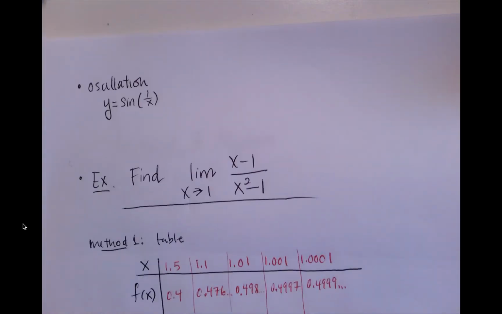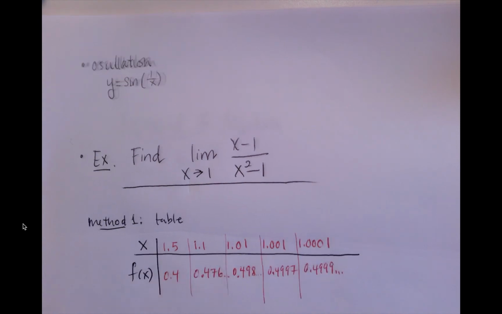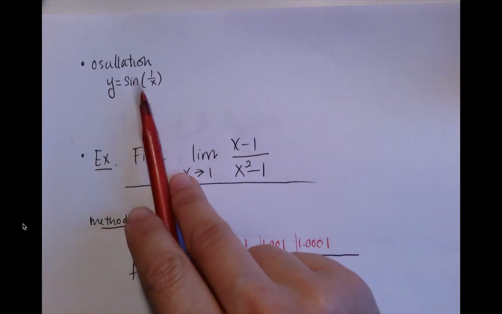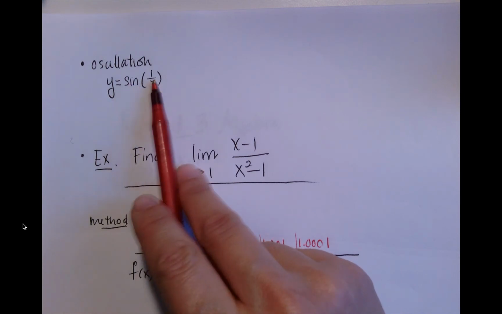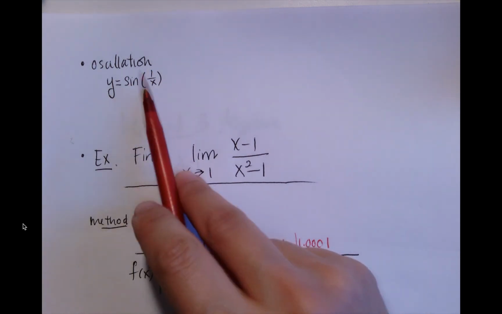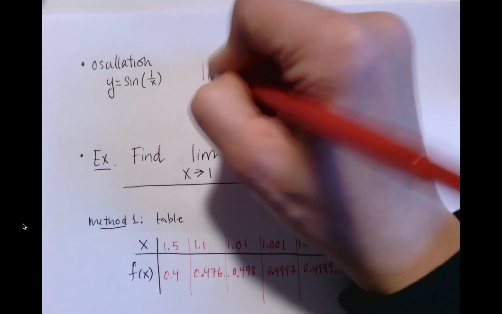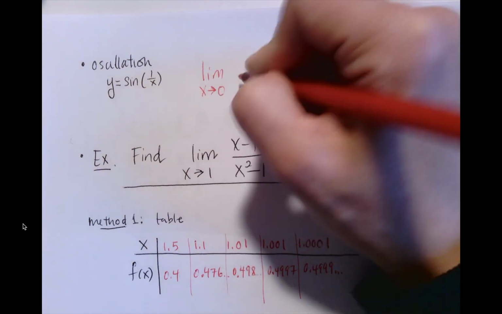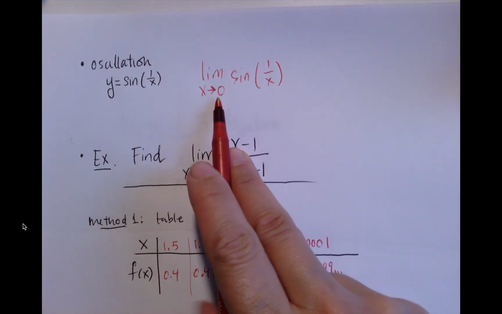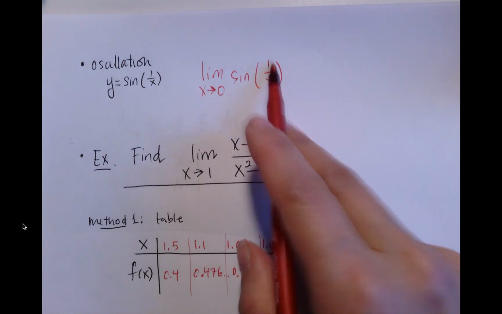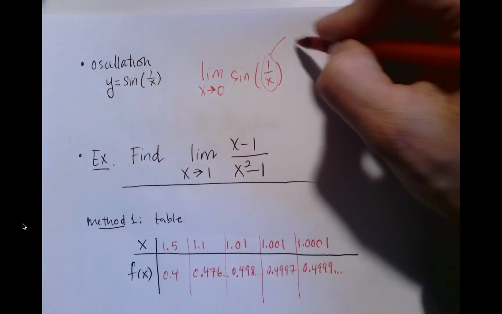I want to mention one other thing, and that's functions that are similar to this function. Here I have 1 over x, and I want to think about the limit as x approaches 0 of sine of 1 over x. As x approaches 0, let's say from the right, I know that 1 over x is going to blow up to infinity.